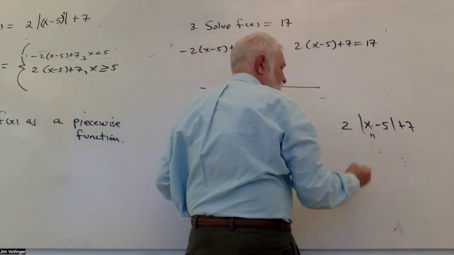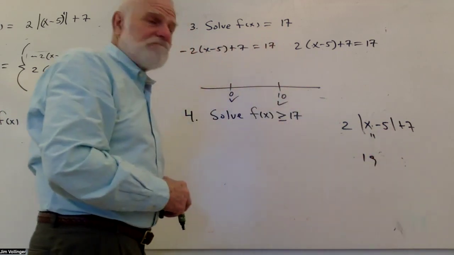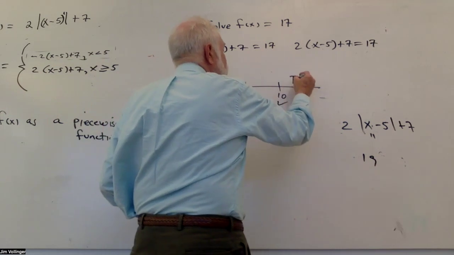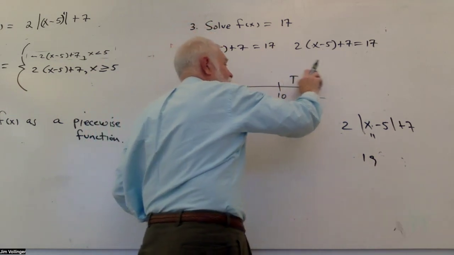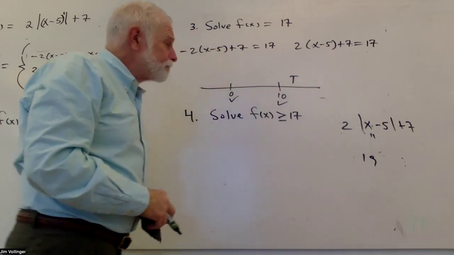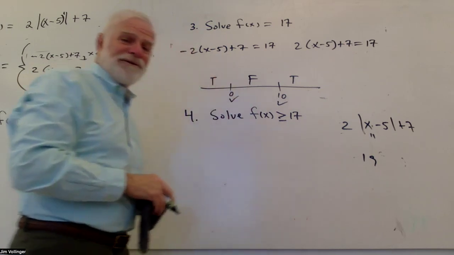We put 11 in, that gets me 12 plus 7, which is 19. Is 19 bigger than 17? True. Is it okay if I just write a T? I've got a feeling this is going to be false and this is going to be true because I've seen the patterns.